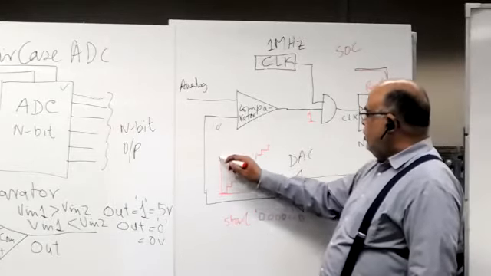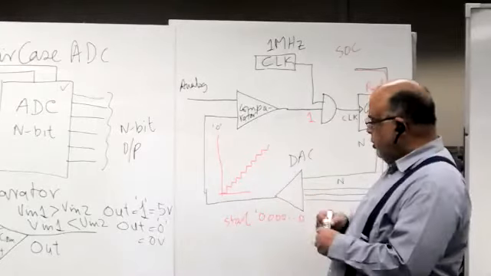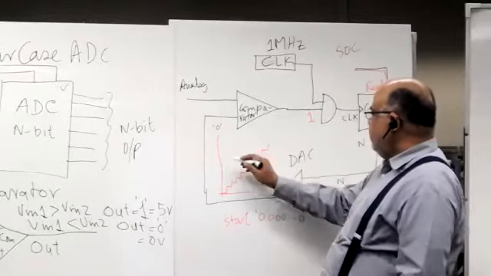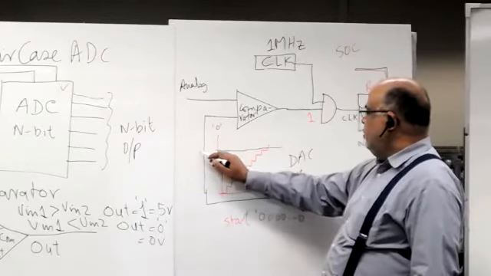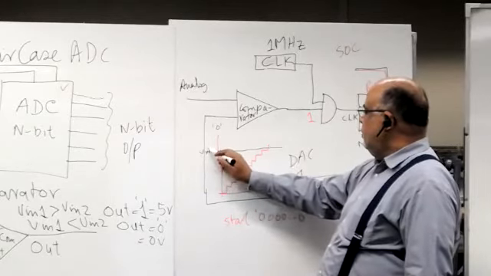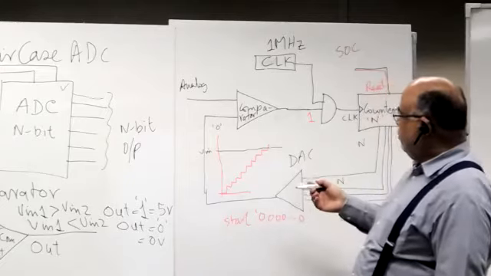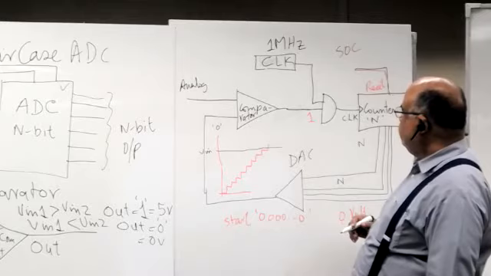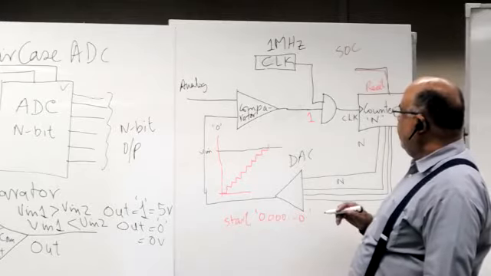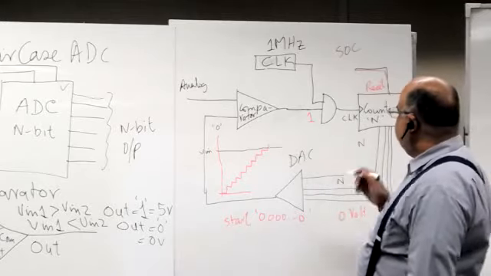It will increase until it passes V in. When it passes beyond V in, then this will become 0, and the counter will stop.